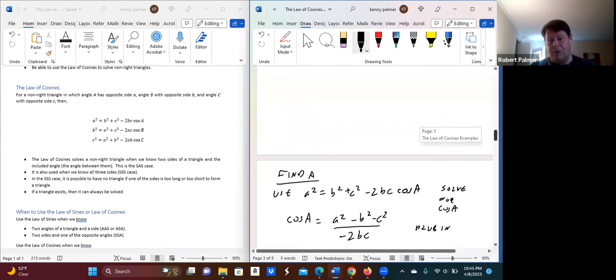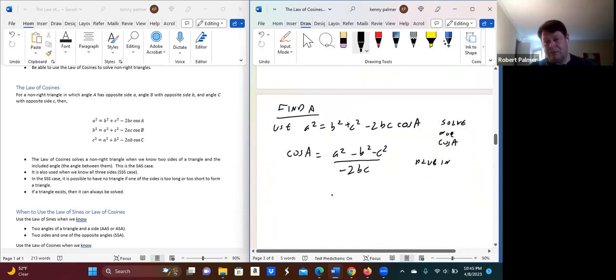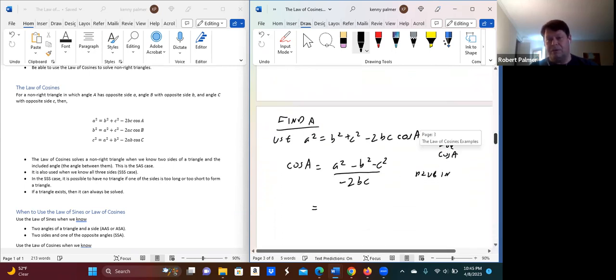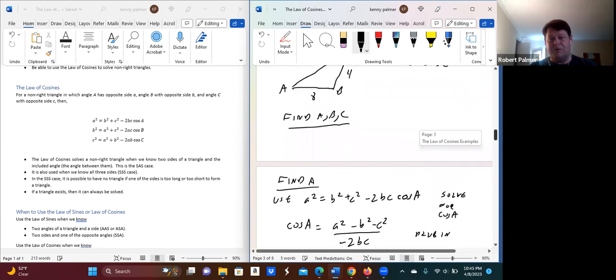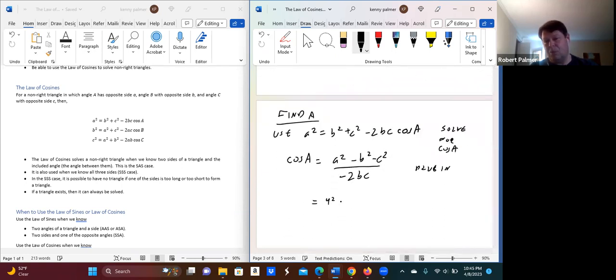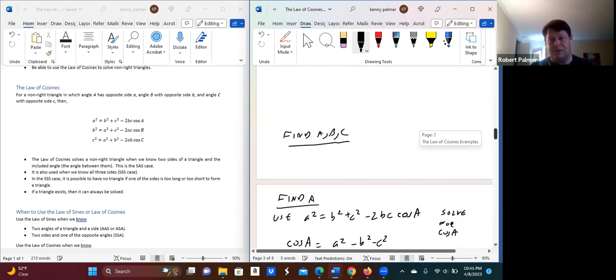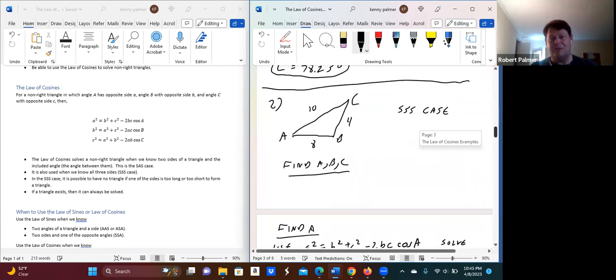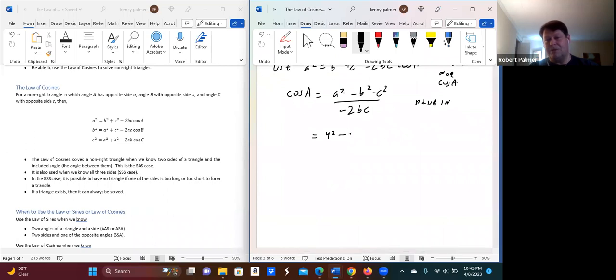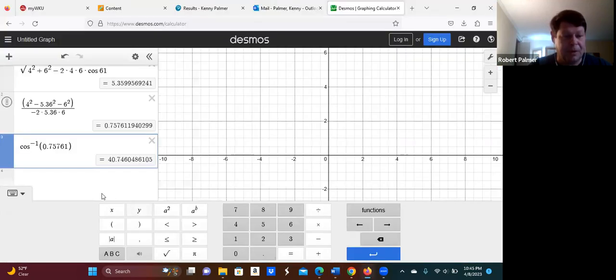Now, let's again plug in what we know. Side A was 4, so that's 4 squared, minus B squared, where B was 10 and C was 8, so 10 squared minus 8 squared, over negative 2 times 10 times 8. And this should be equal to the cosine of A. Once again, let's go to Desmos and plug all that in and see what number we get.